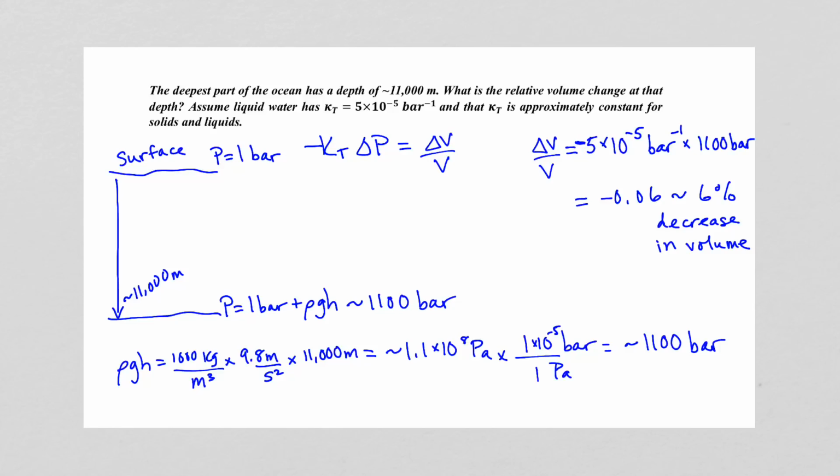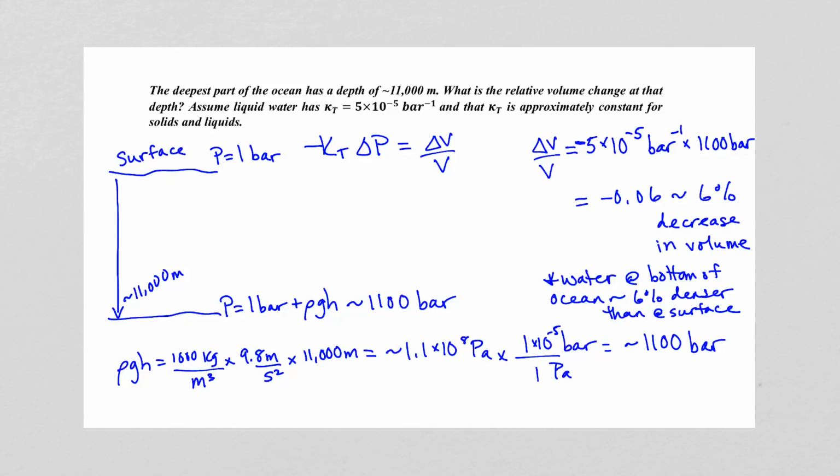That is how you would calculate the relative decrease in volume that's associated with a change in pressure. So our 11,000 meters of ocean water compress that water by about 6%. The water at the bottom of our ocean is about 6% denser due to compression.